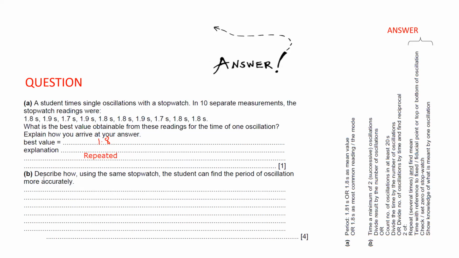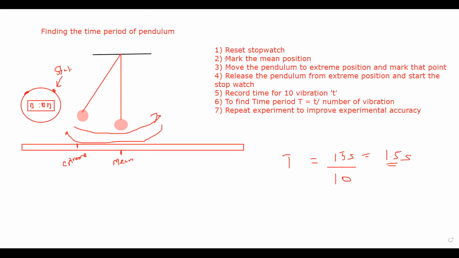The second part: describe how the student can use the same stopwatch to find the period of oscillation more accurately. So basically how he can find the time period. The same steps are there. Reset the stopwatch. Similar answer, I'll copy from the previous one.